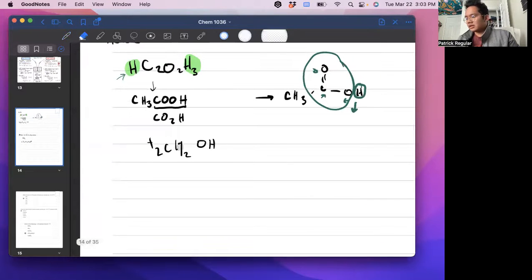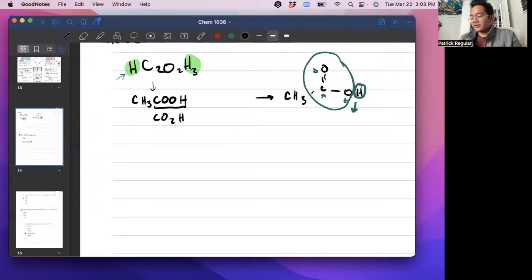So right here, if we were to rewrite it out, for example, CH3CH2CH2OH. Now, you might notice from this compound that the hydrogens are listed in different spots.